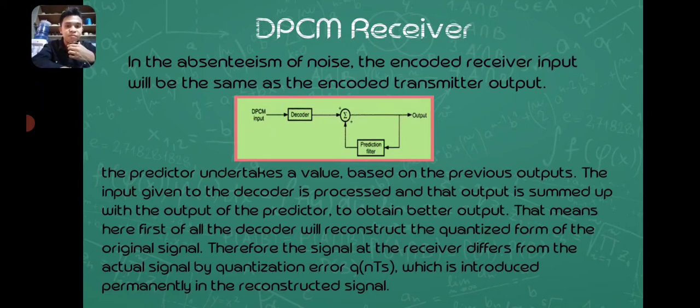That means first of all, the decoder will reconstruct the quantized form of the original signal. Therefore, the signal at the receiver differs from the actual signal by the quantization error q(nTs), which is introduced permanently in the reconstructed signal.